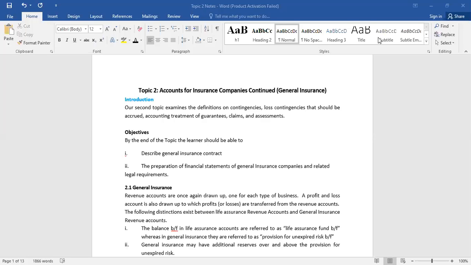Now, the credits are the revenues or forms of income that we get from the insurance business. These are the annuities or the premiums that people pay. We could have fines, registration fees, interest we receive, and commissions from the reinsurance business that you have taken on from other insurance companies.